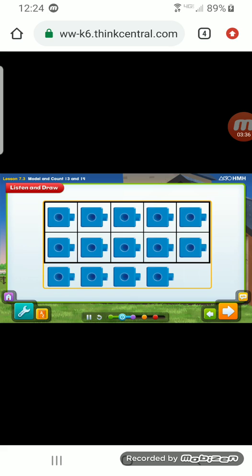Garrett picked 14 boxes. 14 is 10 ones and 4 more ones. So if I were to write an addition sentence, it would say 10 plus 4 equals 14.